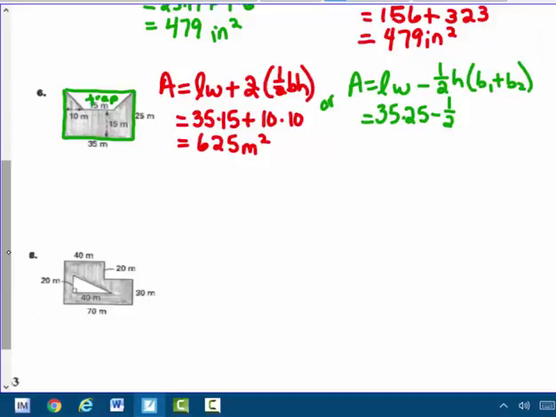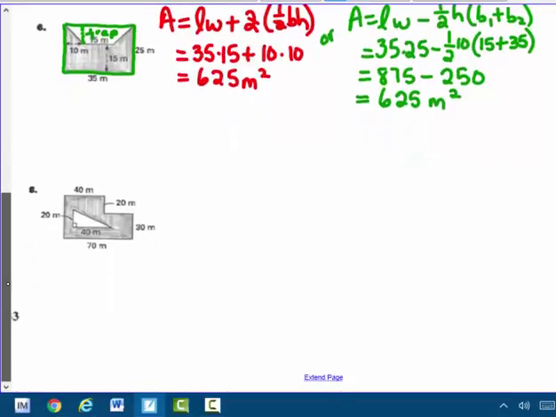Trapezoid, oh, we know that's 10 because we already did that from the triangles there. So my height is 10 of my trapezoid, and my bases are 15 and 35. So I get 35 times 25, that's 875 minus, well, half of 10 is 5, 15 and 35 is 50, 5 times 50, that's 250. Okay, so 875 minus 250, oh yay, 625 meters squared. So 2 ways to do number 6.